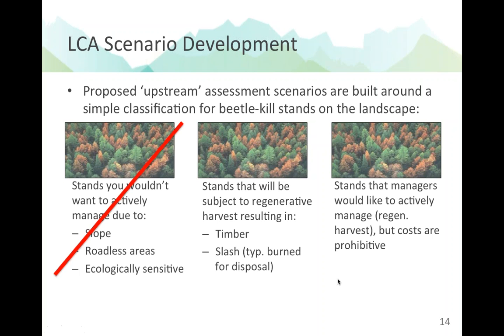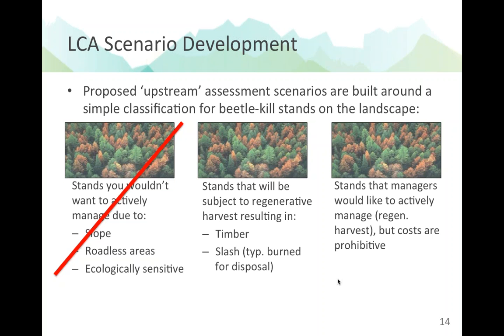There's plenty of beetle kill out there, though, that people are planning to go in. The landowners and land managers are going to go in, and they're going to take that down for a variety of different reasons, because they want to reduce fuel loading, because they want to protect trails and infrastructure from trees falling over, because they want to get the next stands of trees growing in.